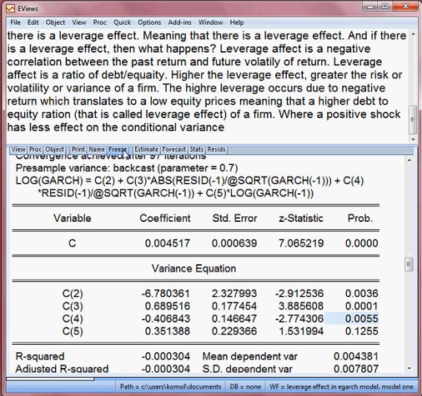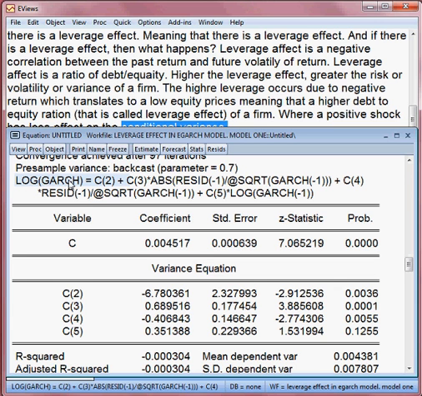Here this one is the conditional variance, that is the dependent variable.